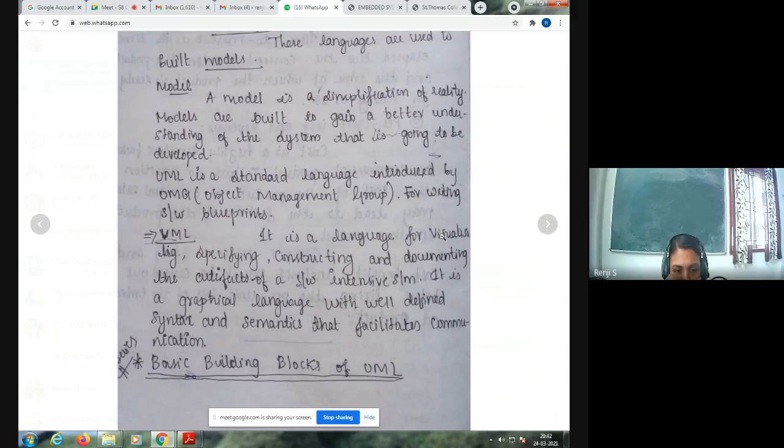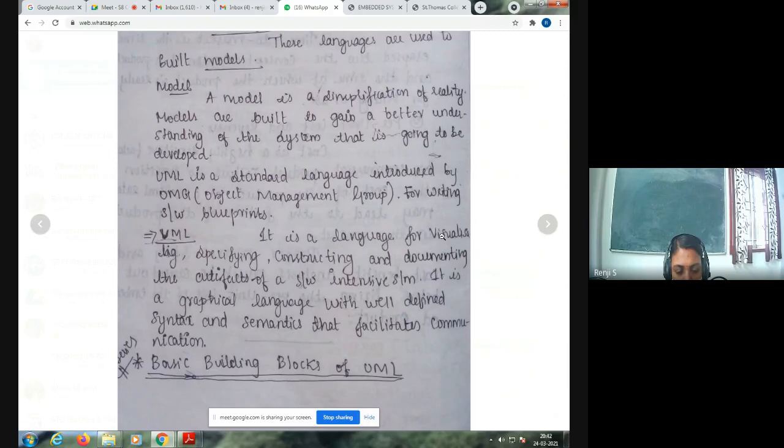It can also give us the behavior of the system, like if a particular system receives a particular message, what will be the output, what will be the response of the system. Such figures represent the behavioral model of the system. And in UML, we have different notations or different diagrams for representing the structure as well as the behavior of the system.